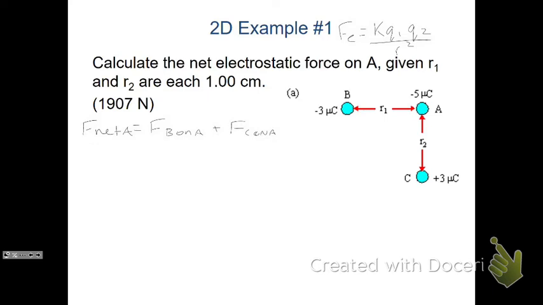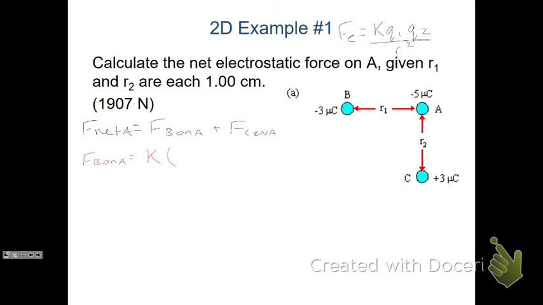All right, so like we've been doing, let's find the force between the objects. We're just going to have to do this one at a time. So we'll do the force of B on A first. So that is going to be K times the charge.